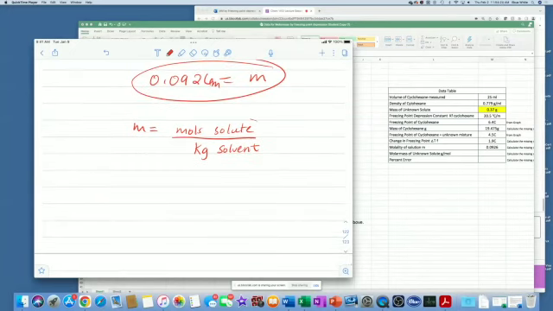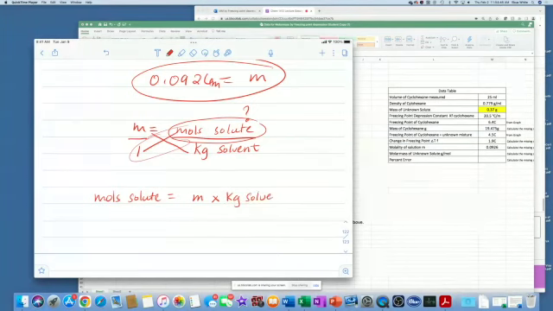To get moles solute, I'm going to put over 1 here so we can cross multiply. Moles solute is equal to molality times kilogram solvent.